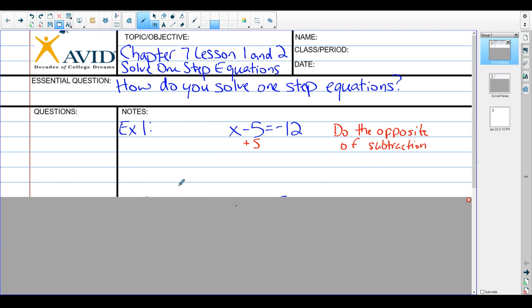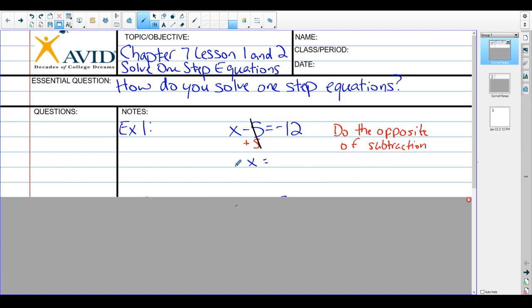So if I do negative 5 plus 5, this actually cancels out. 0. So we're left with x on the left-hand side.